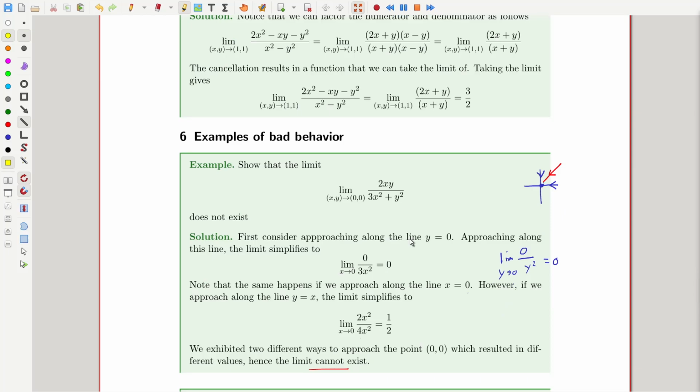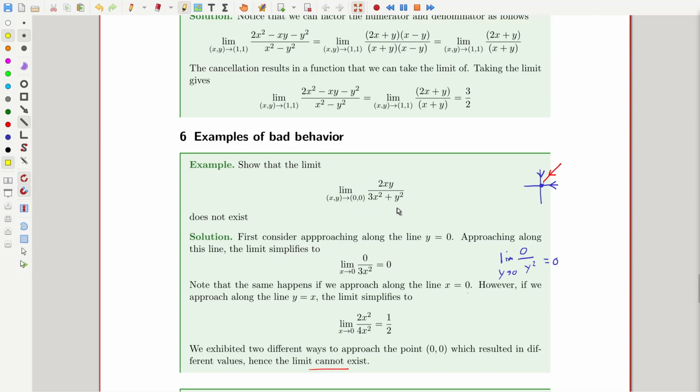That is a way to show a limit exists, and it is quite a powerful technique. But we have this instead, where we're considering different paths. Considering specific different paths can never be used to show that a limit exists, only to show that it doesn't exist. Okay, let's come back to this example.